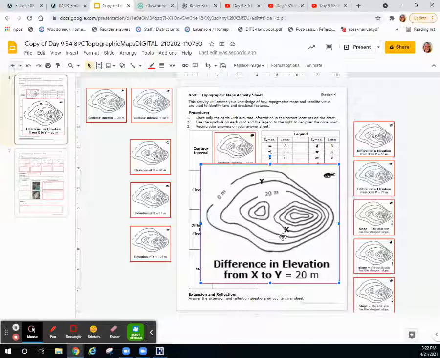This is 0 meters and this line is 20. So I think my contour interval is 10. 0, 10, 20. So Y has an elevation of 10 meters.